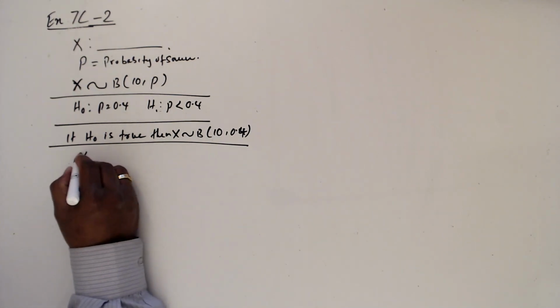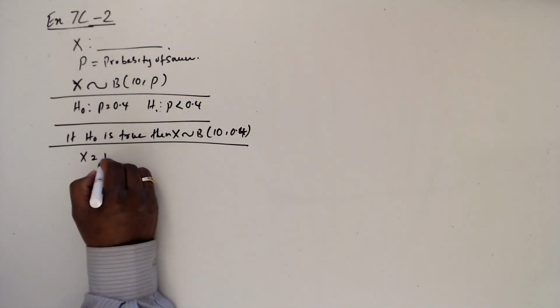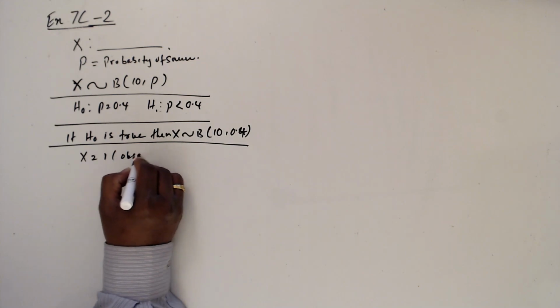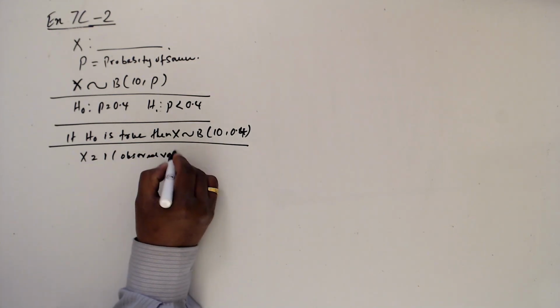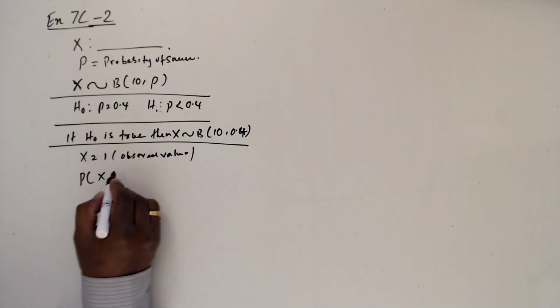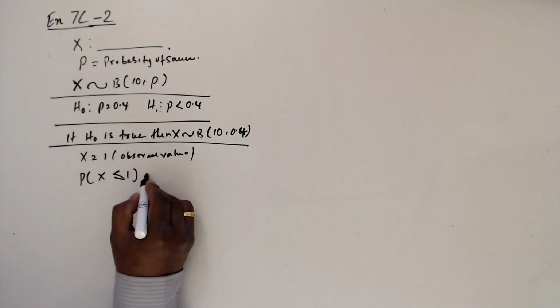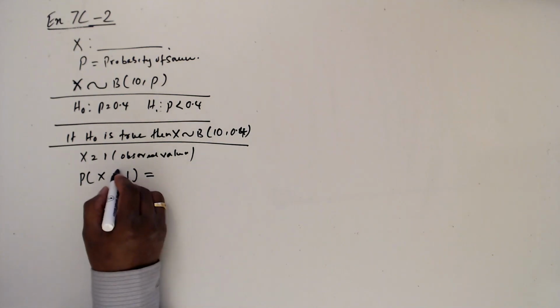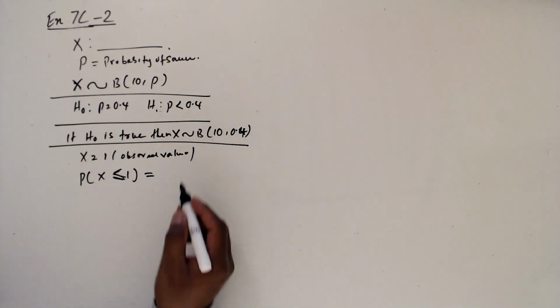and the observed value of X is 1. Now we find the probability of X less than or equal to 1. Simply we can take it from the table.